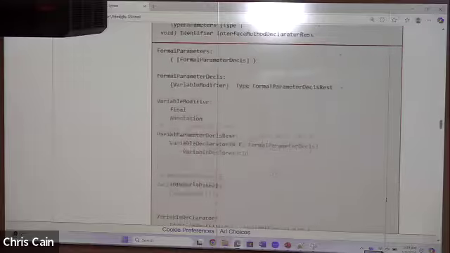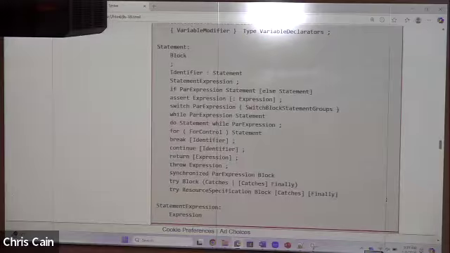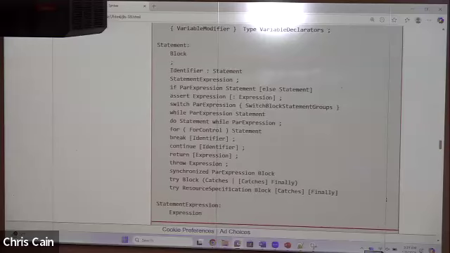A bunch of definitions of exactly what strings represent which ideas. And you can see now that a statement is made up of a block followed by a semicolon, and can be any one of these. Now these are all options for statements.